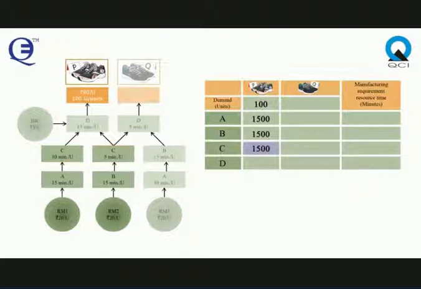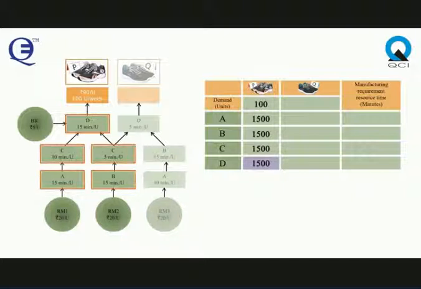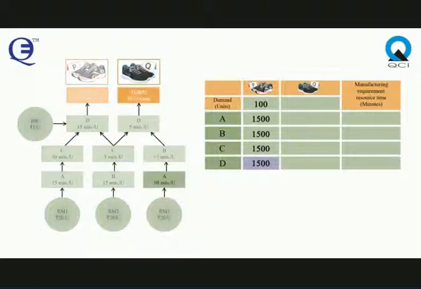Raw material 1 and raw material 2 come together at station D to be converted into final product P, which takes another 15 minutes per unit. So P puts a load of another 1500 minutes on resource D. So what you see is A, B, C, D resources loaded by 1500 minutes each to meet the demand of 100 units of P. Let's do a similar calculation for Q.